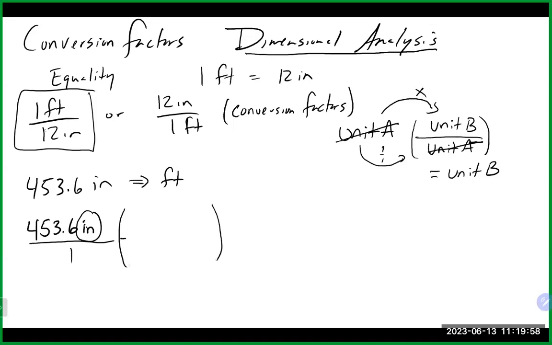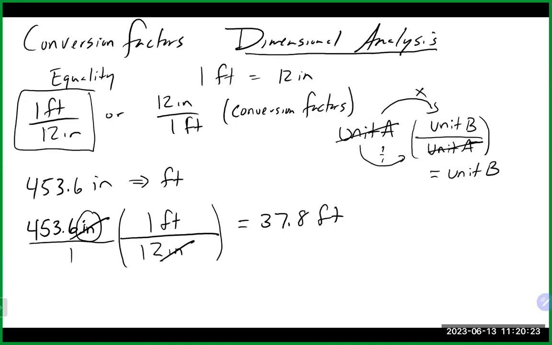And this is how you should show it: 12 inches on the bottom, 1 foot up on top. Inches divided by inches would cancel. We will multiply 453.6 times 1 and hit equals, divided by 12. And we will end up with 37.8 feet.